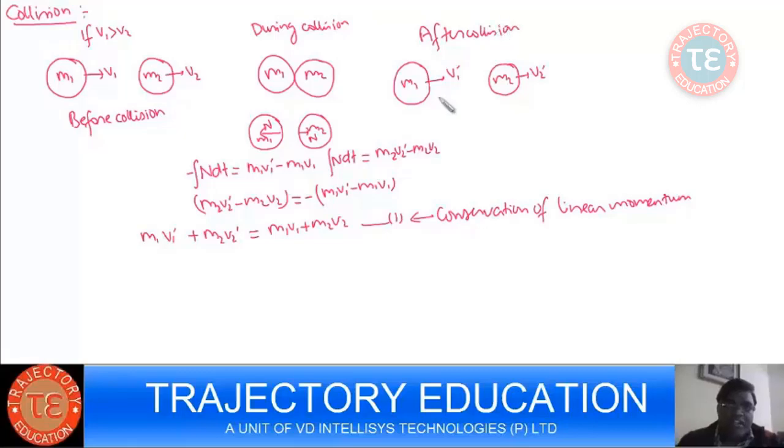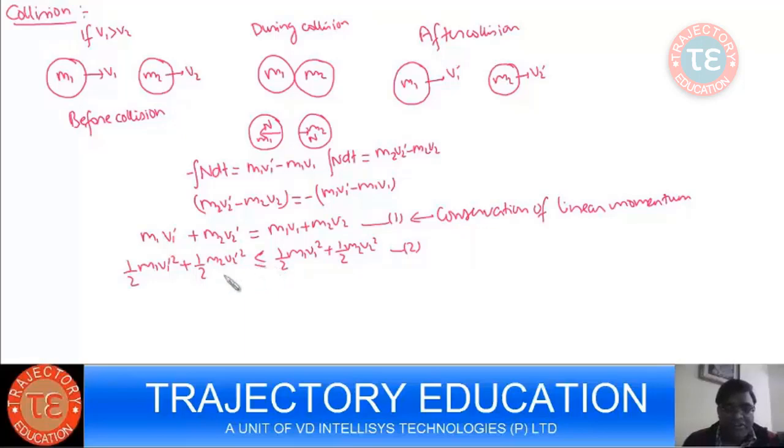So in general, what I can write is, half m1 v1 dash square plus half m2 v2 dash square is less than or equal to half m1 v1 square plus half m2 v2 square. This is coming from the law of conservation of energy.